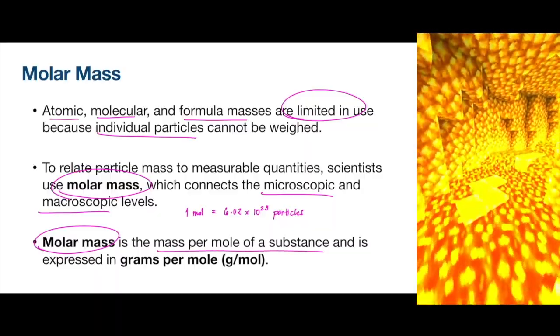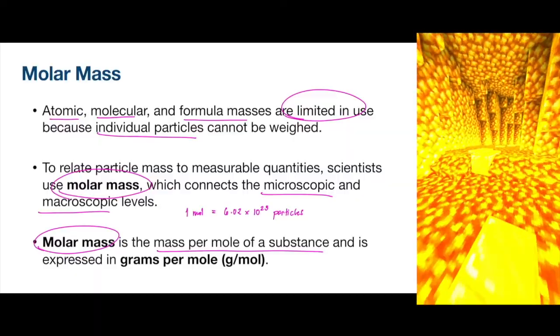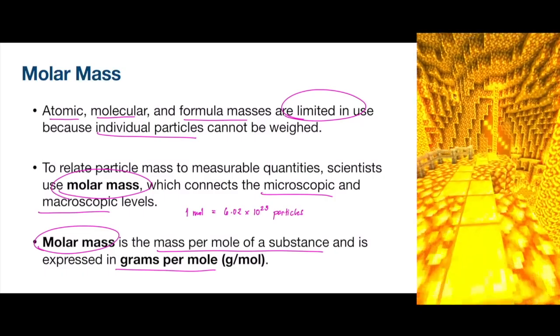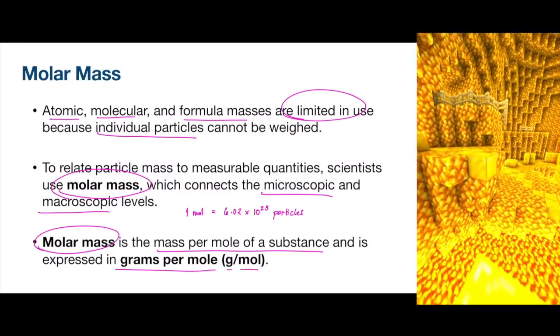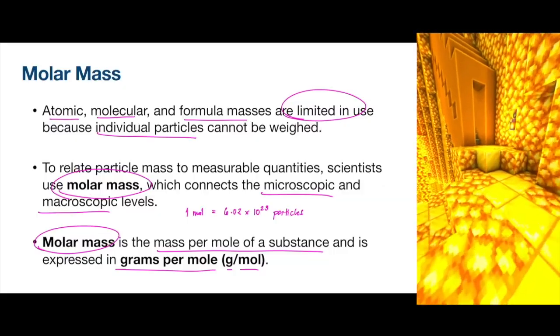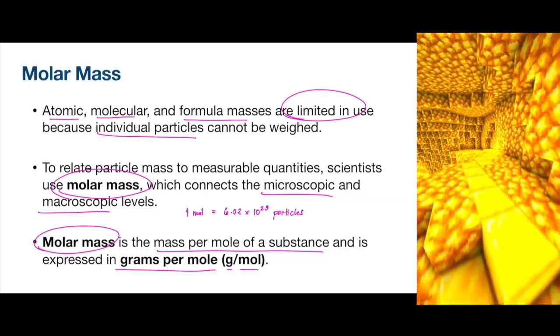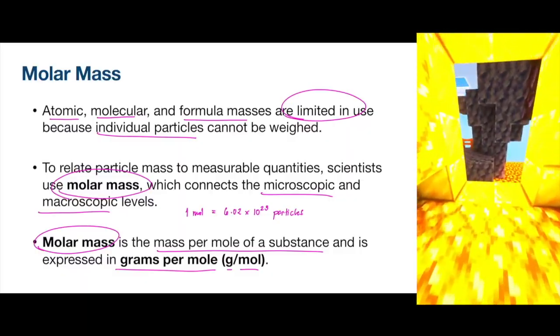In other terms, it tells us how much 1 mole of a substance weighs. And we express it in grams per mole, or in symbols, g/mol. This is what allows us to move from invisible particles to measurable masses we can work with in real experiments.